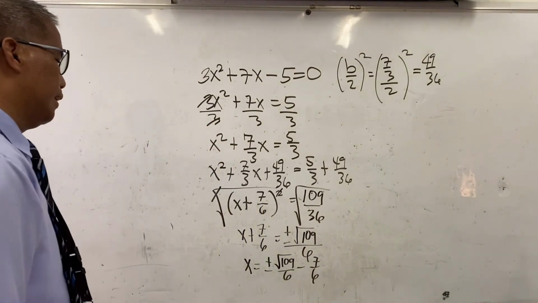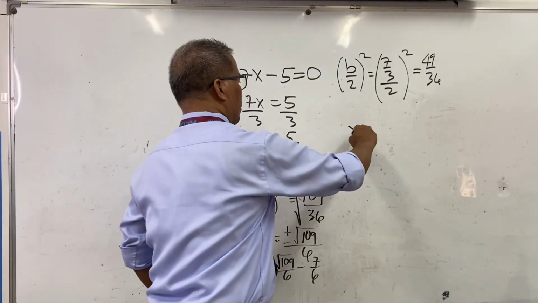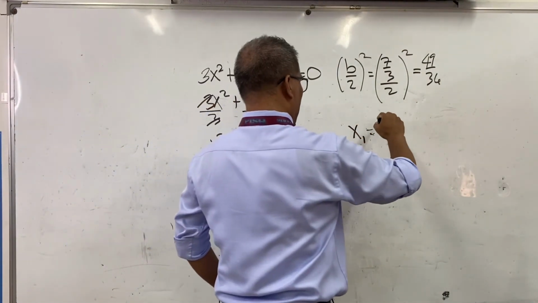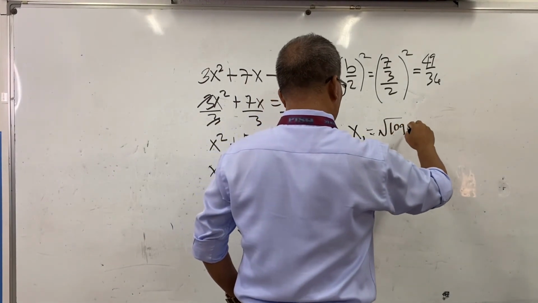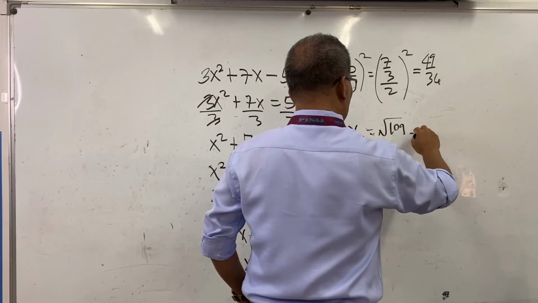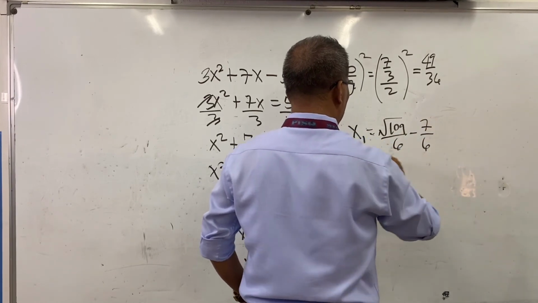Alright? To separate the answers, x sub 1 will be the square root of 109 over 6 minus 7 over 6.